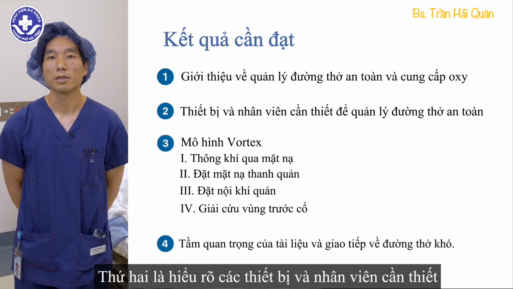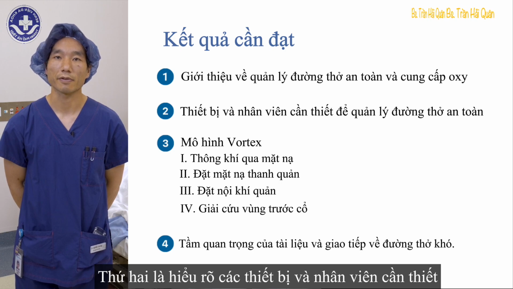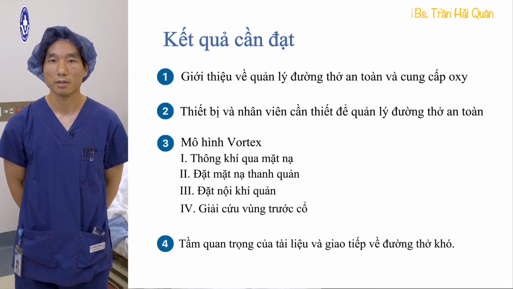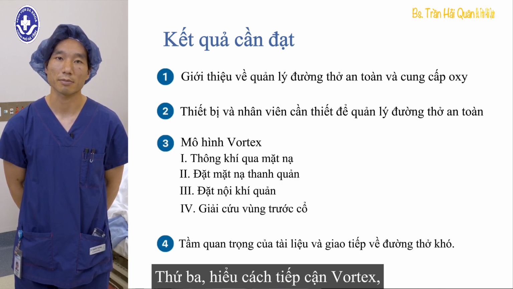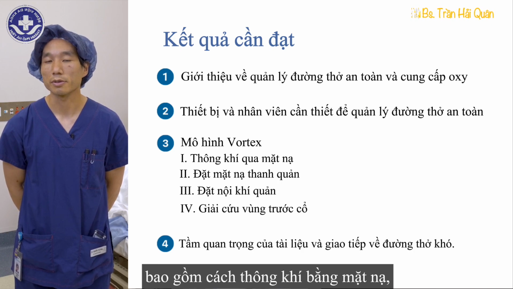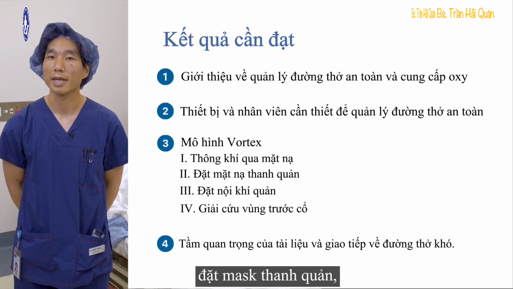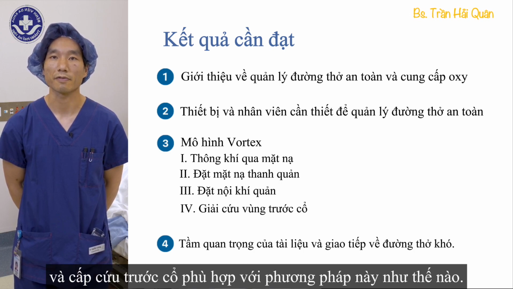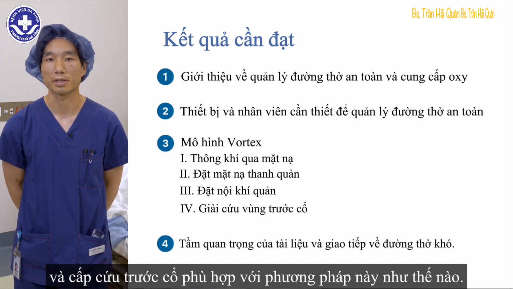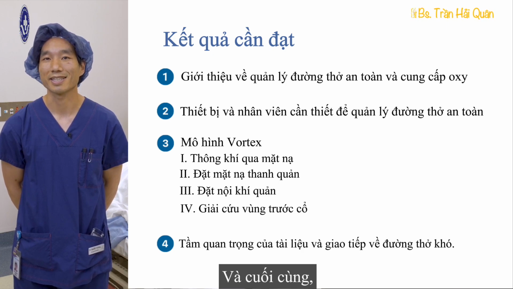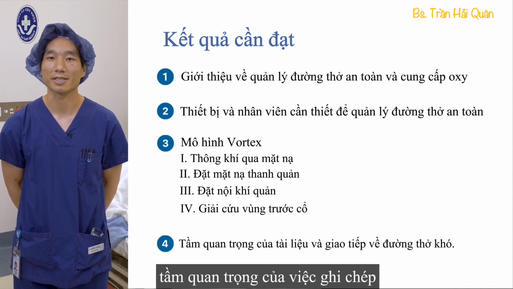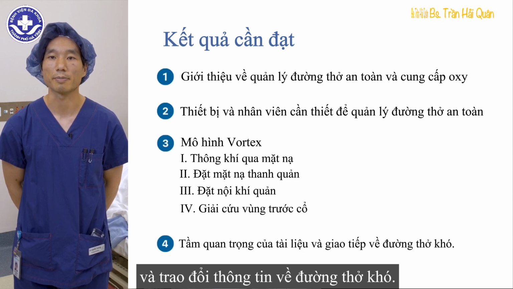Second, to understand the required equipment and staff for safe airway management. Third, to understand the Vortex approach, which includes how mask ventilation, laryngeal mask insertion, endotracheal intubation, and front of neck rescue fit into this approach. And finally, the importance of documentation and communication about the difficult airway.